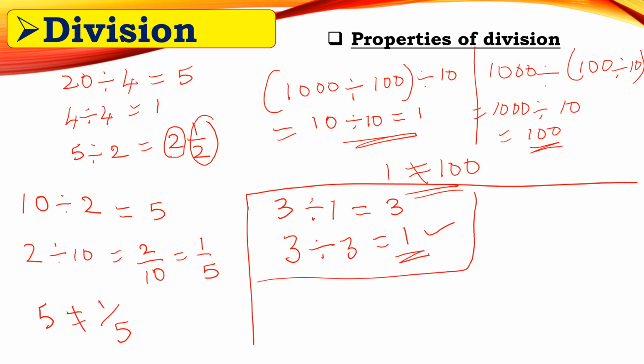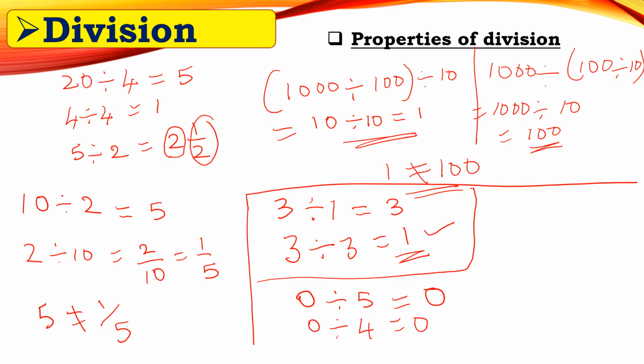Okay. Next, the last property is the property of 0. If 0 is divided by any whole number, the quotient is 0. 0 divided by 5, 0 divided by 4 is equal to 0.